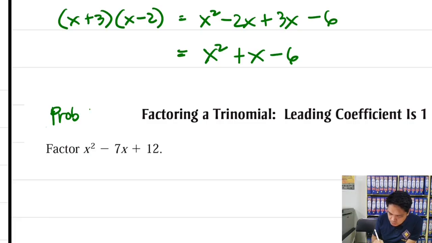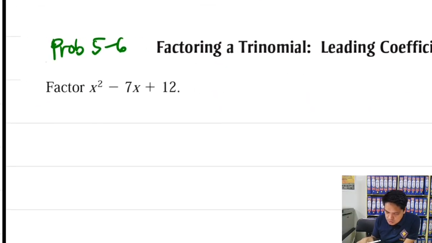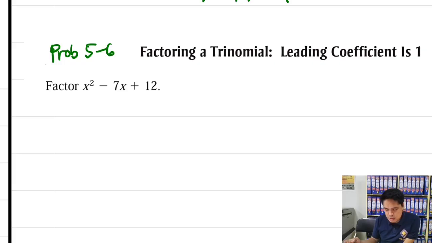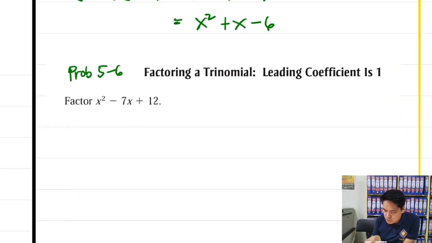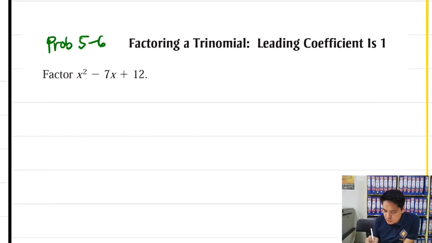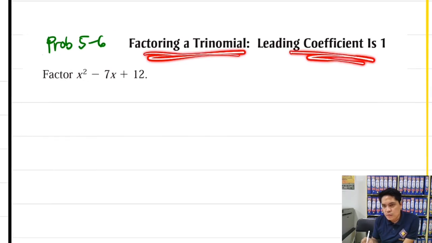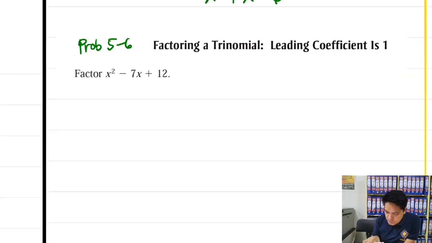So this is problem 5-6. So let us consider this trinomial x squared minus 7x plus 12. So how do we factor this out? So this is for factoring a trinomial with leading coefficient equal to 1.